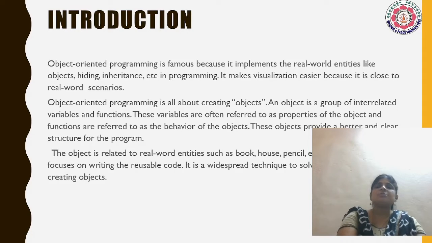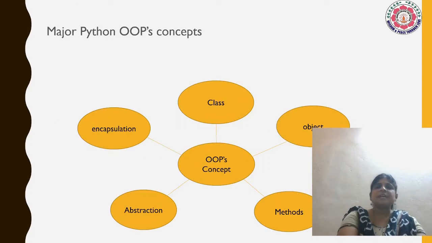These object-oriented concepts, or as we call it the OOPS concept, focus on writing reusable code. It's a widespread technique used to solve problems related to creating objects. In case you're able to see the screen, object-oriented concepts are classified into class, object, encapsulation, abstraction and methods.